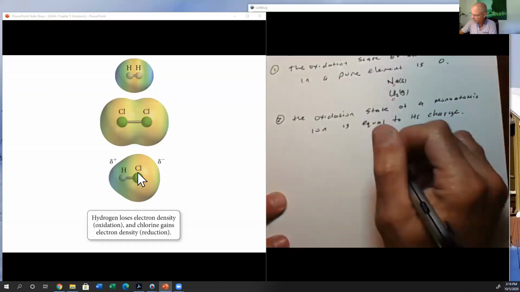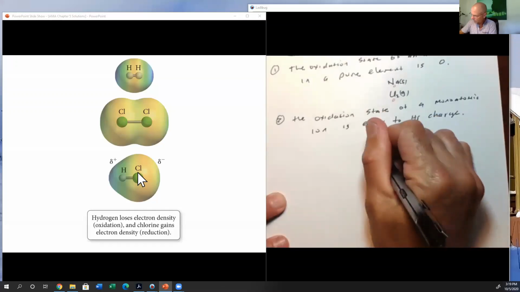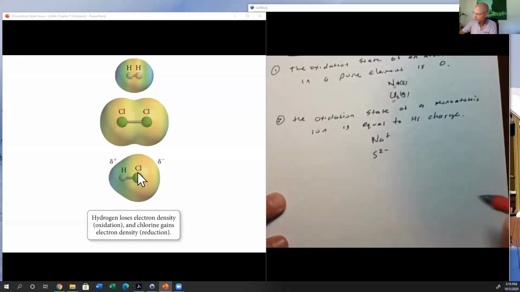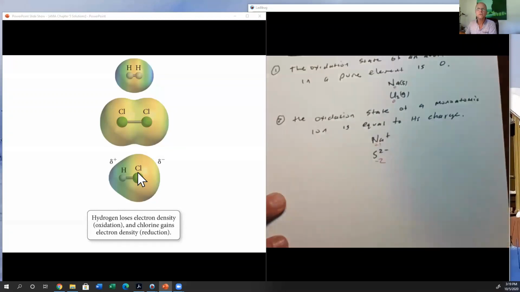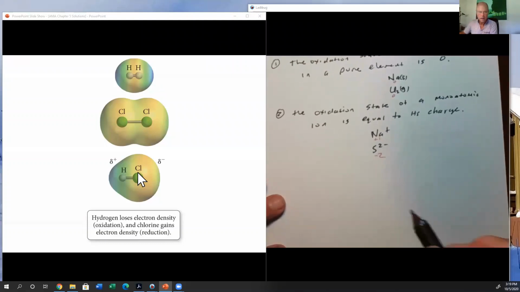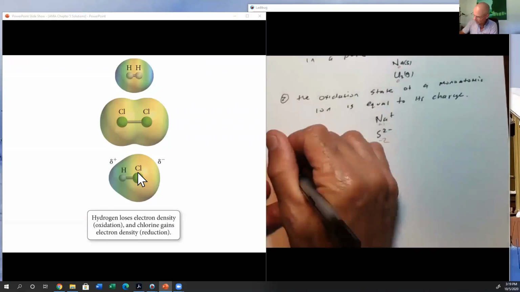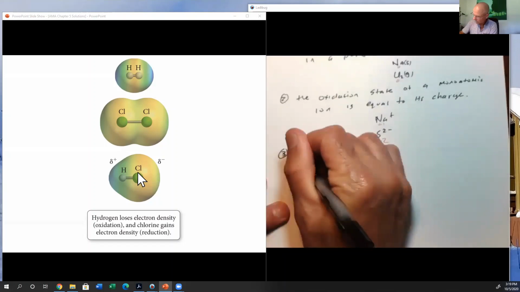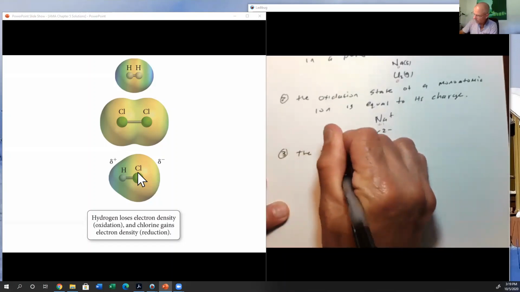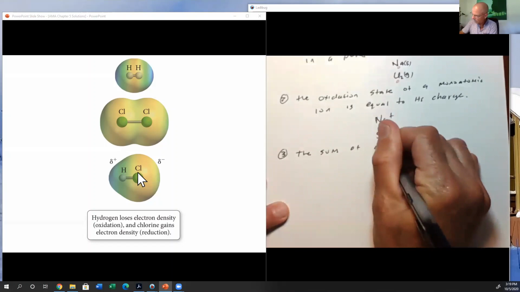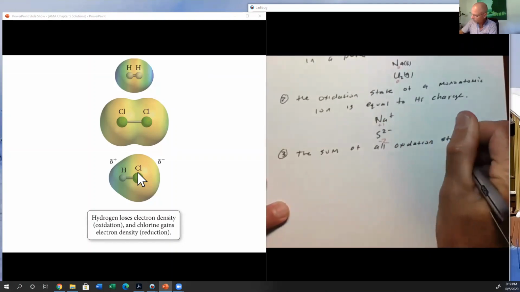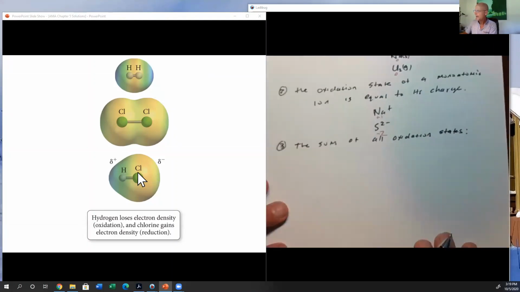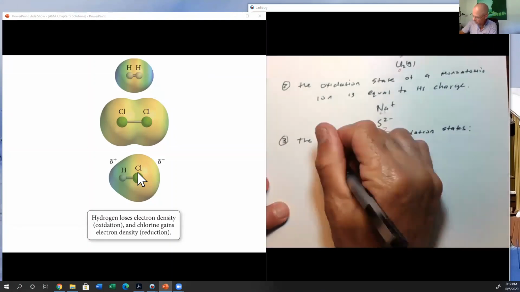So for example, Na+ and S2-. The oxidation state of Na+ is +1, of S2- it's -2. Rule 3, the sum of all oxidation states in a neutral molecule is 0.